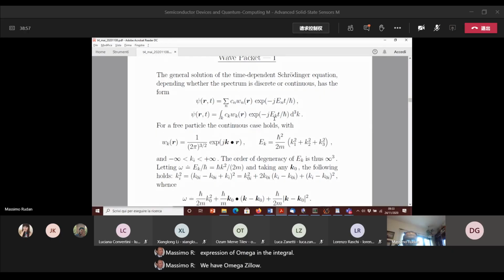Omega 0 here does not depend on k anymore because it is a constant. So the part of the exponent that depends on omega 0 can be taken out of the integral.